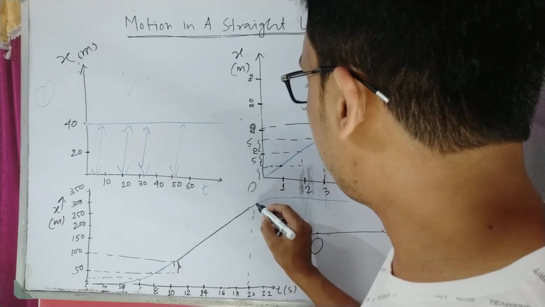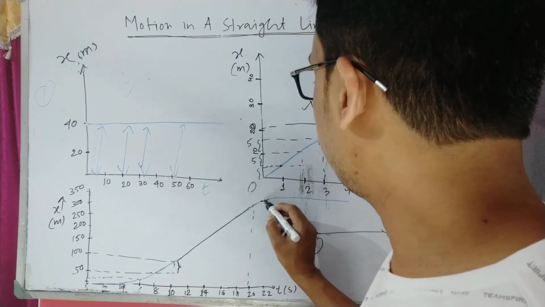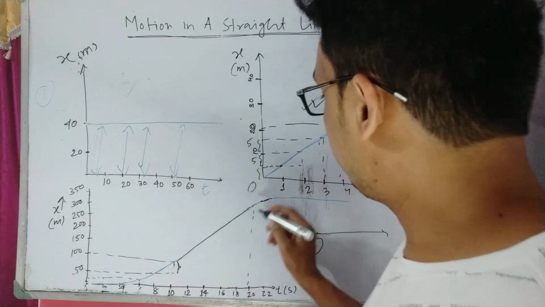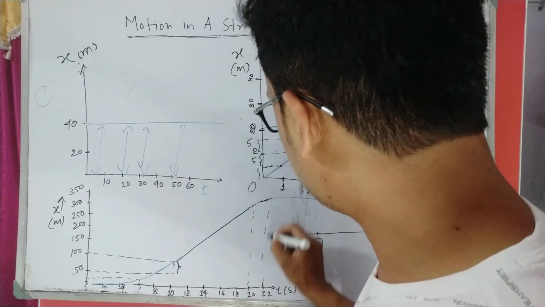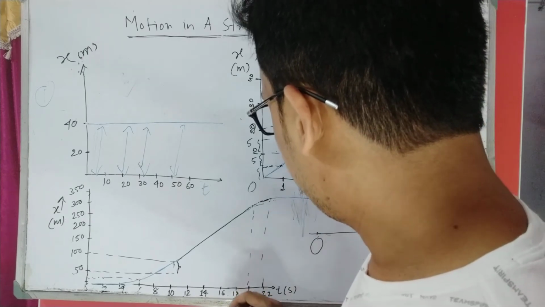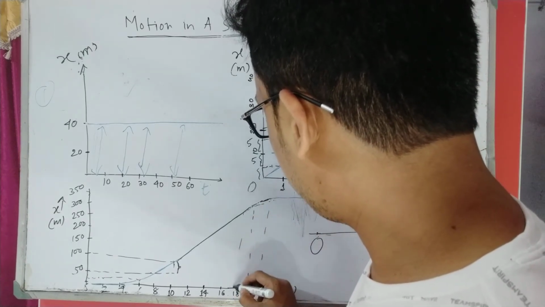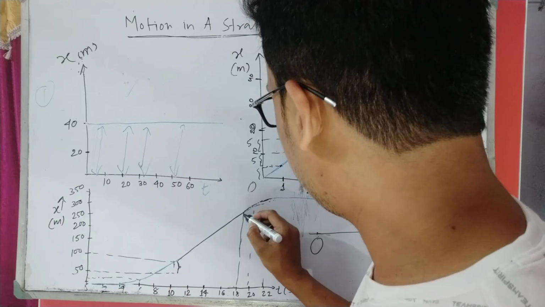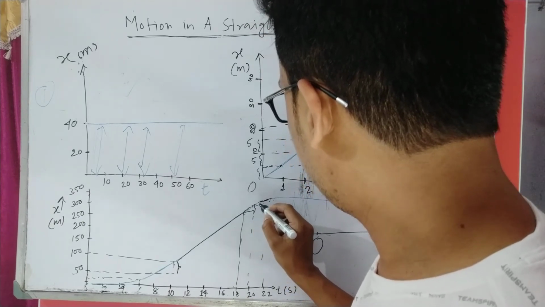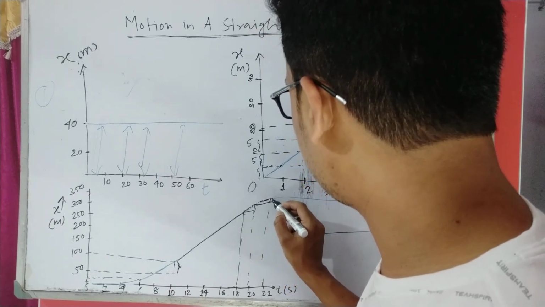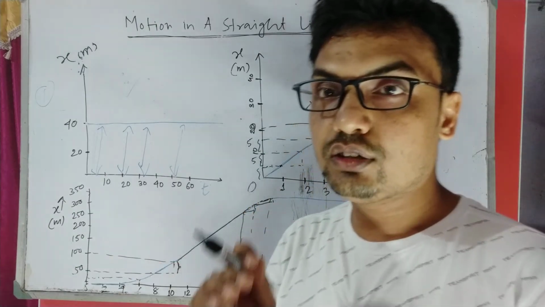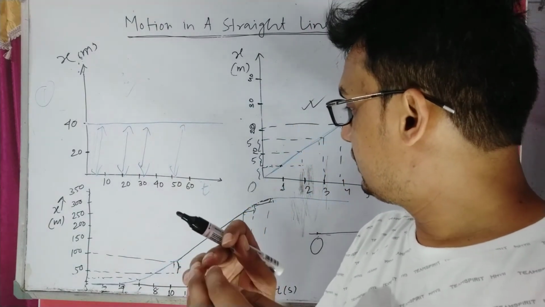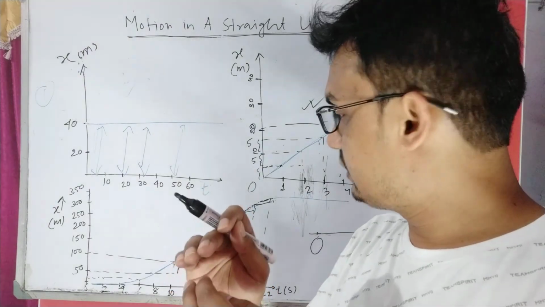Then again it has started to decrease its velocity. Its velocity decreased. That means in the next 2 seconds it has not increased that much. In these 2 seconds it has increased quite a lot, this much. But in these 2 seconds it has not increased that much. That means in these 2 seconds its velocity has slowly started to decrease.